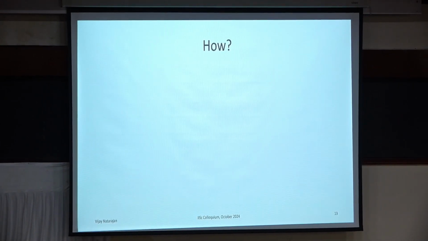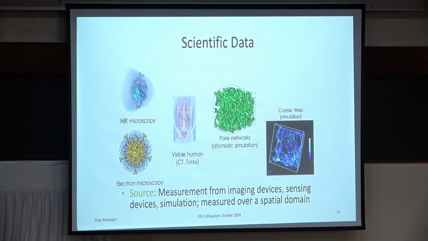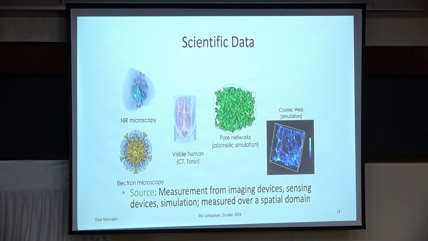Right? How do I visualize? Let me talk about the spatiotemporal data just a little bit, just in order to specify what I mean by spatiotemporal data. So here you have visualizations of different kinds of data coming from imaging devices, such as on the left, you see data from near infrared microscopy or electron microscopy of a virus, followed by data from a CT scan of a human torso.